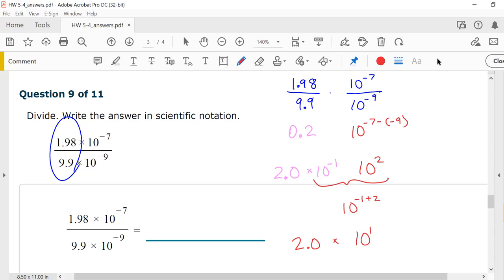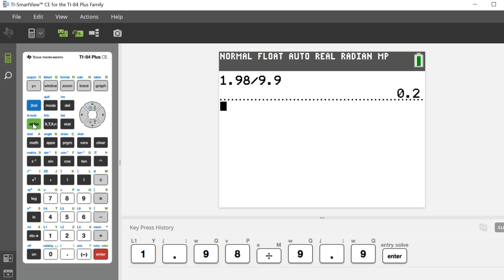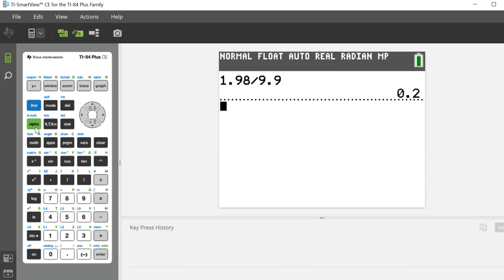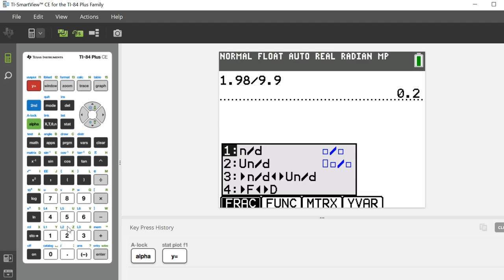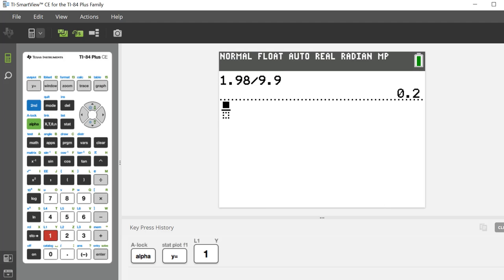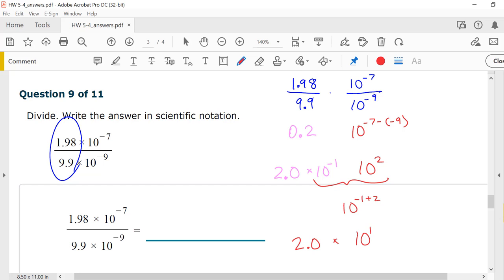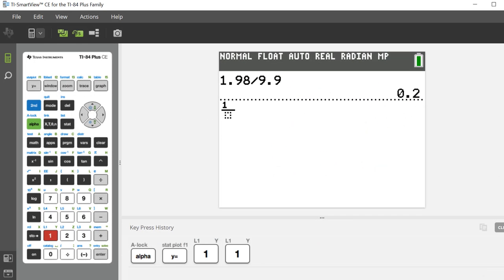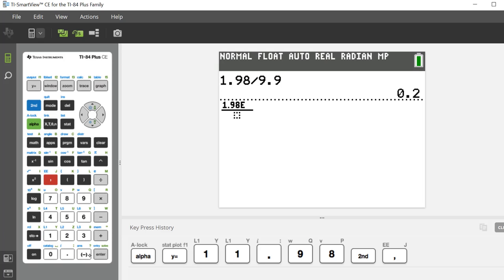Now, most of you are saying, I don't like doing anything by hand. Show me how to do it on the calculator. So here comes a fraction. I'm going to do alpha, y equals, and number 1. The numerator is 1.98 times 10 to the negative 7.